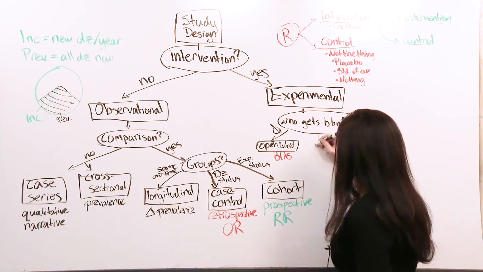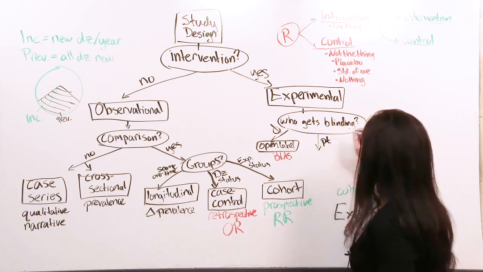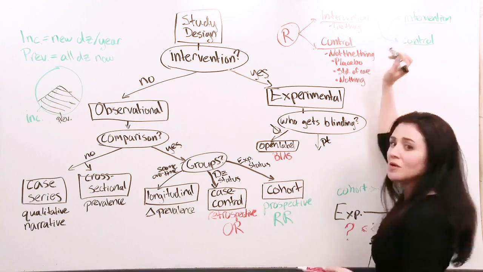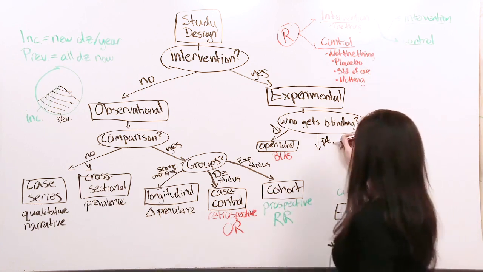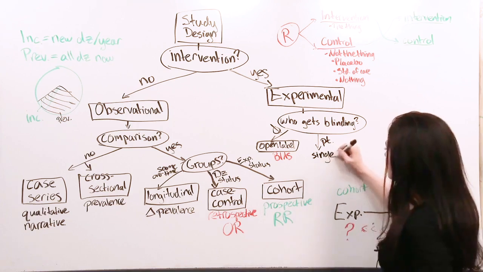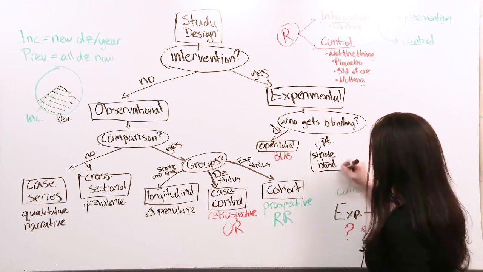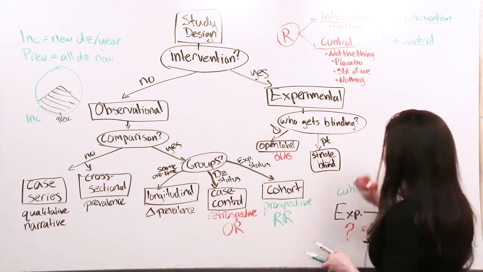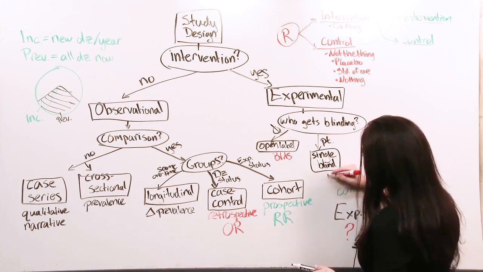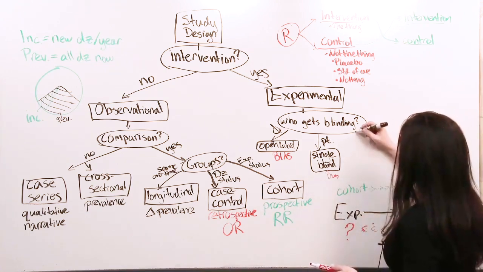What would be better is if you can blind at least the patient, so the patient doesn't know whether they're getting the intervention or they're getting something else. This reduces the amount of bias, and this gives you a single blind study. So you have less bias here, but you still have some because the experimenter or the researcher knows what group.